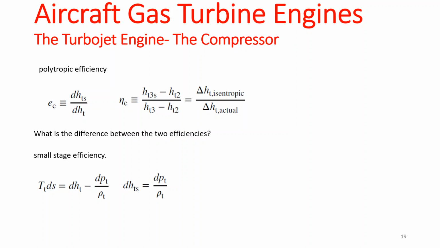So what are the changes to this equation when you are in a reversible process? Entropy is constant, so ds is going to be 0, and this whole term is equal to 0. You can move it to the other side and get this equation. So the change of the reversible total enthalpy is equal to the change of total pressure divided by density.